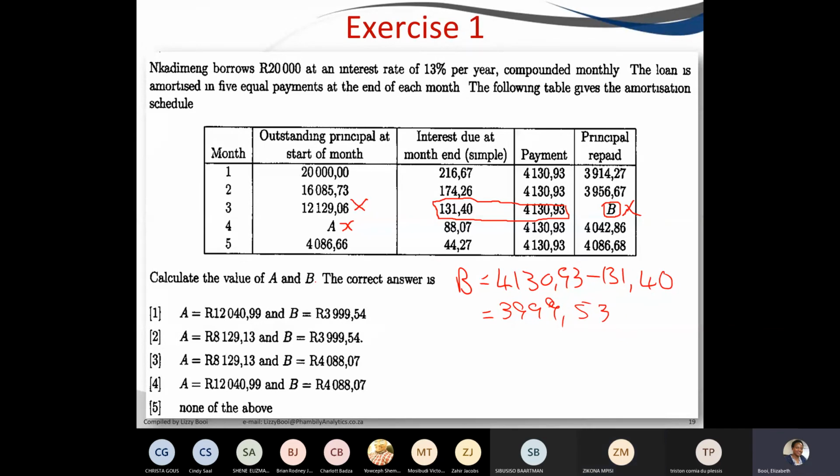And then we calculate A, which is 12129.06 minus 3999.53. And what do you get?